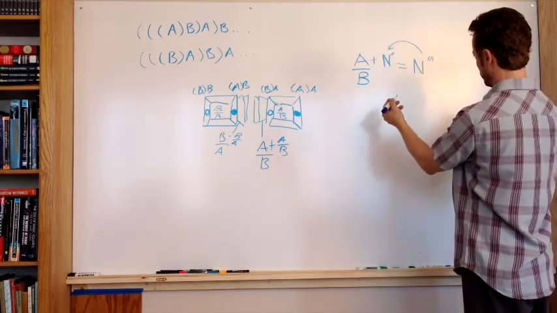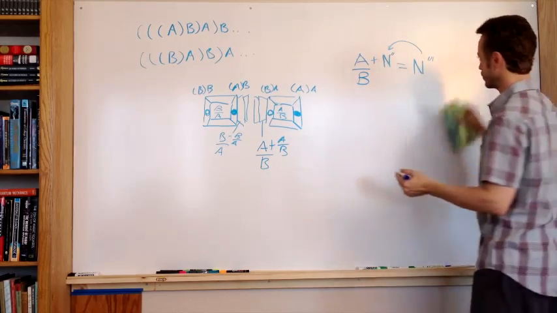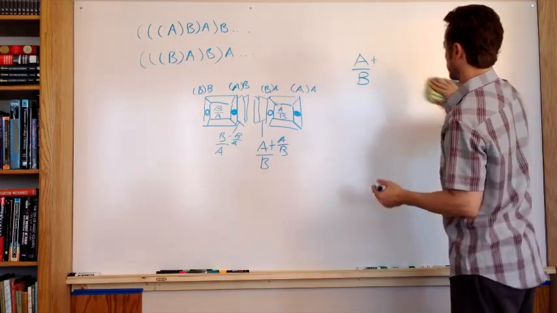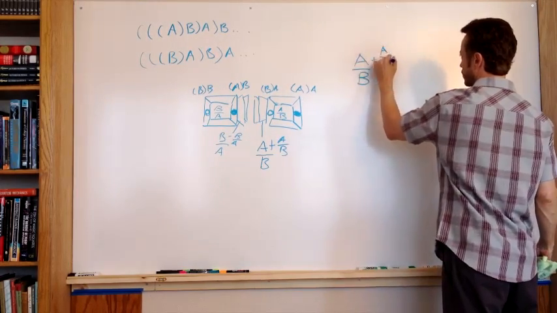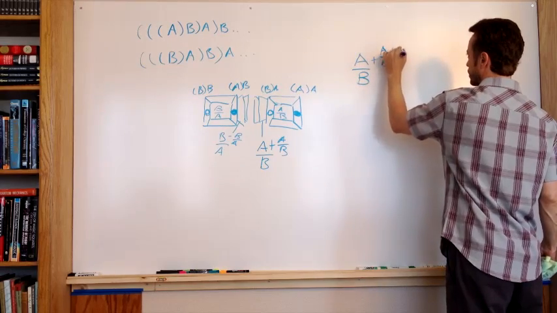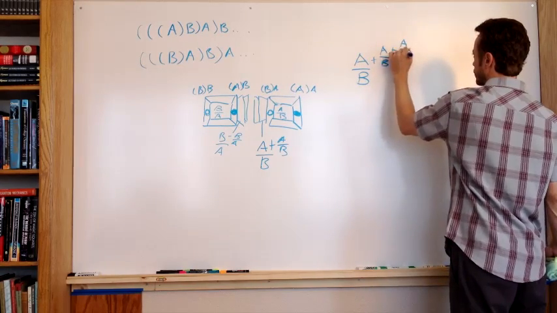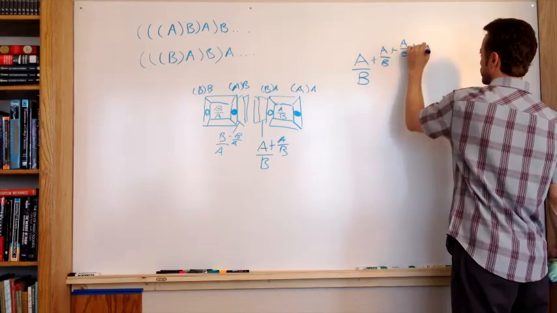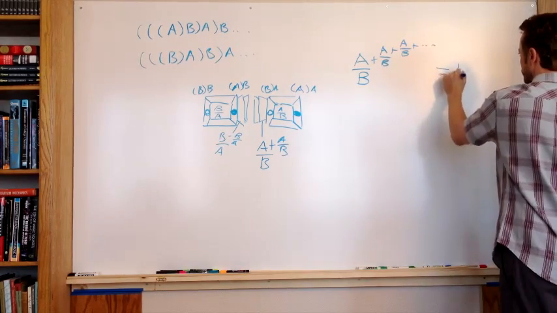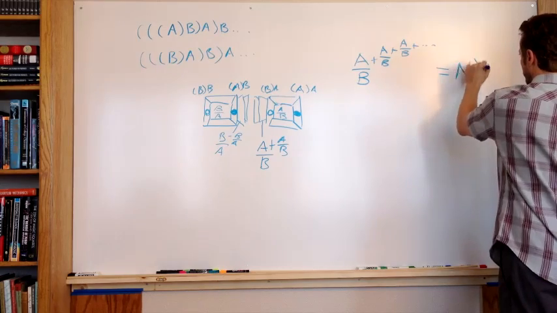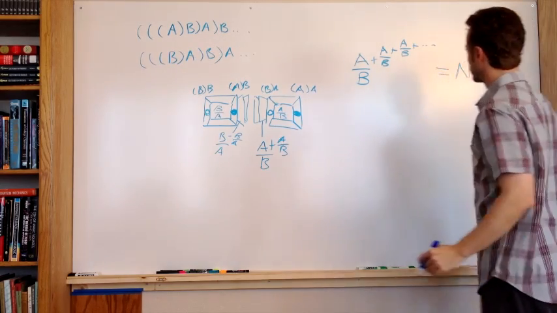So ultimately, what we're dealing with here is a continued fraction. And so we have A over B plus A over B plus A over B, and that just keeps going, and this equals N star.